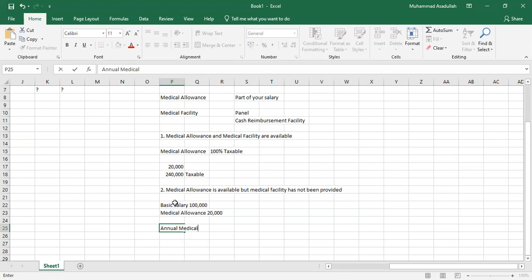The formula will be annual medical allowance minus 10% of annual basic salary. If you compute this, the annual medical allowance, at 20,000 per month, will be 2,40,000.